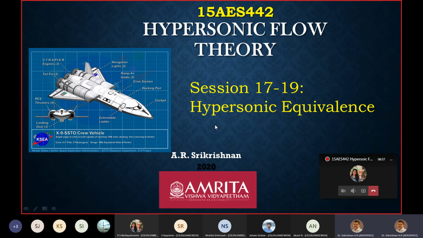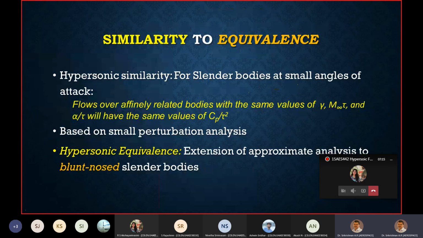It's not a detailed modeling, because we cannot do a detailed modeling without numerical methods. So in an analytical fashion, how they can be looked at will be one of the approaches, which is what is going to be discussed next, called the method of hypersonic equivalence.